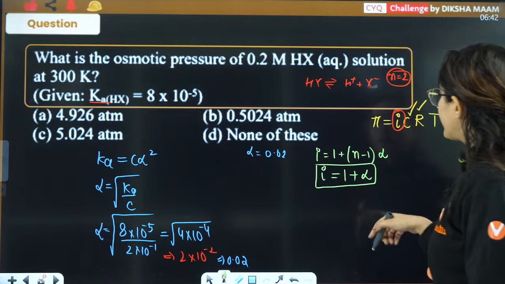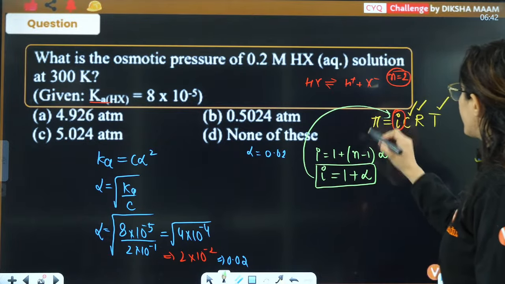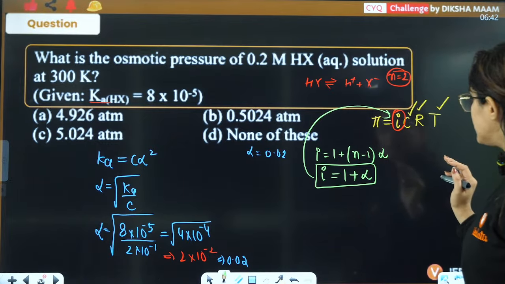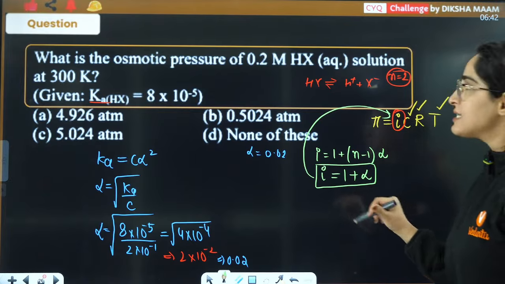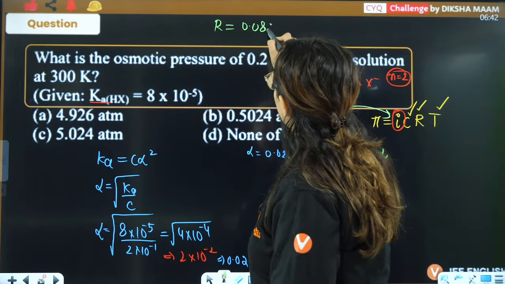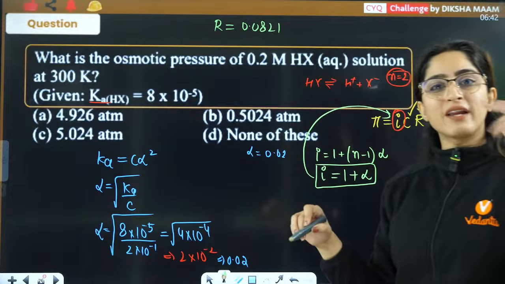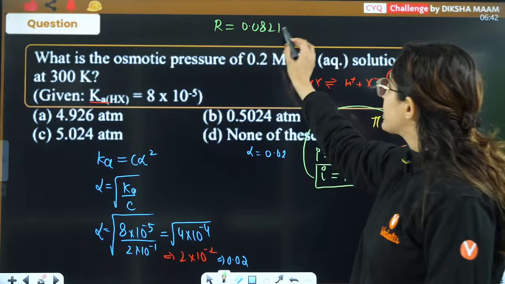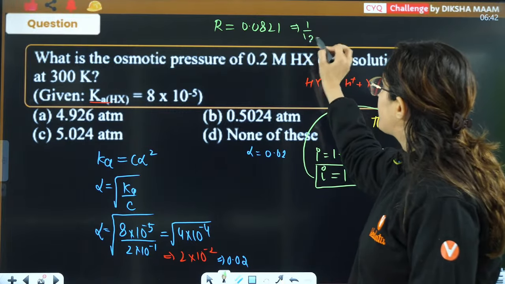So you can calculate the value of i from here, put it here, put the value of concentration, put the value of R here. R you will put as 0.0821. Whenever there is no energy involved, only pressure and volume, when you put it as 0.0821, that is nothing but 1 by 12.